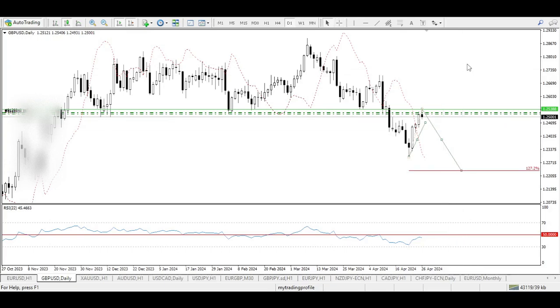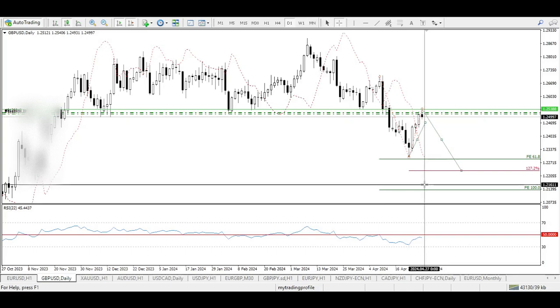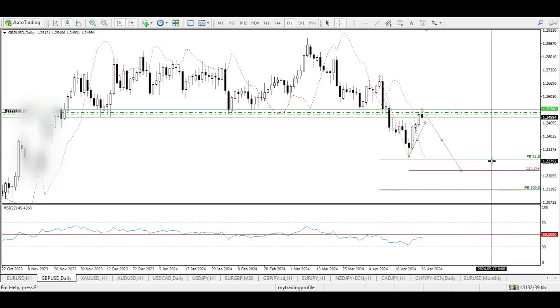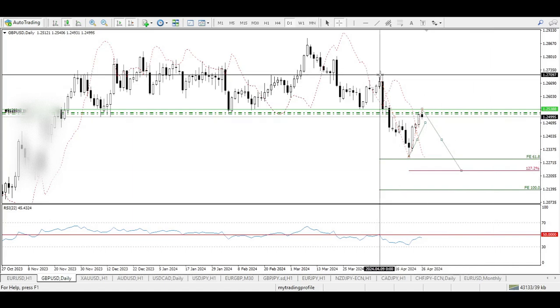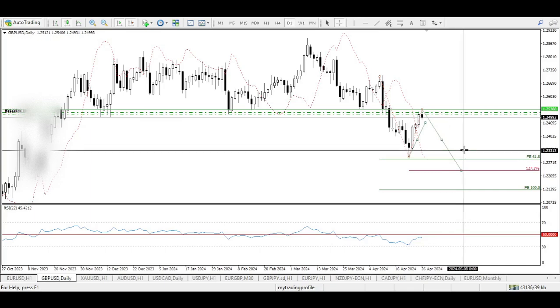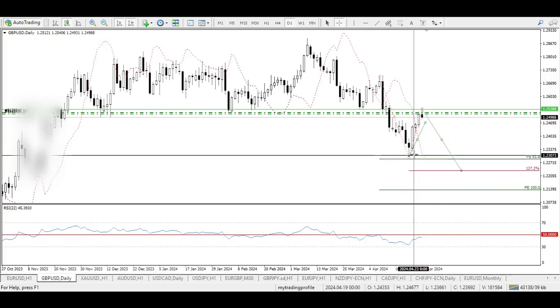Before this, what other things do I need to look at, like AB equals CD extension or not. So let's draw Fibonacci extension 2, which will show AB equals CD. AB equals CD is coming even farther, around 1.2137. The nearest one is the 61.8% extension of the previous sharp move, which is coming around 1.2293. This was also the previous swing low.